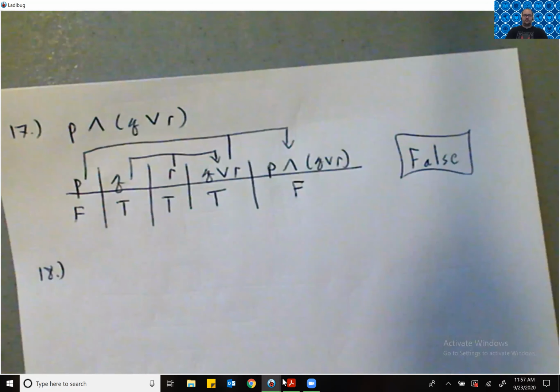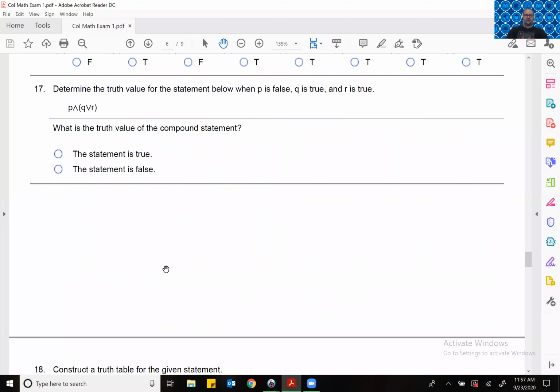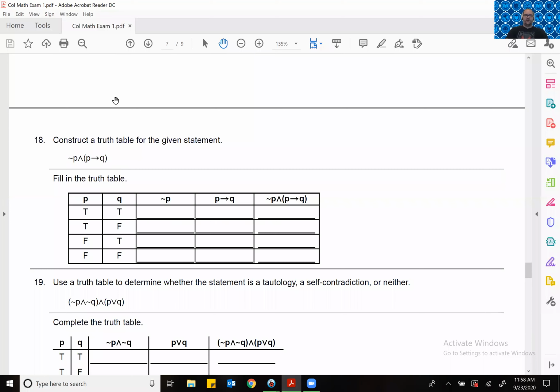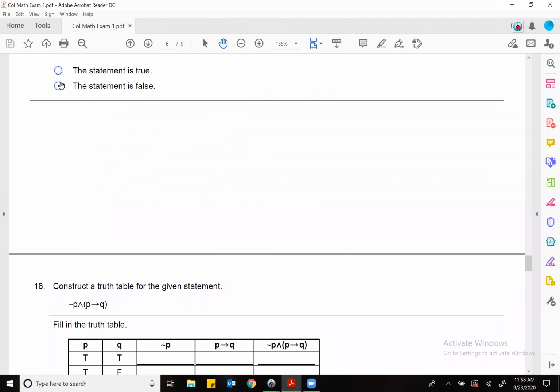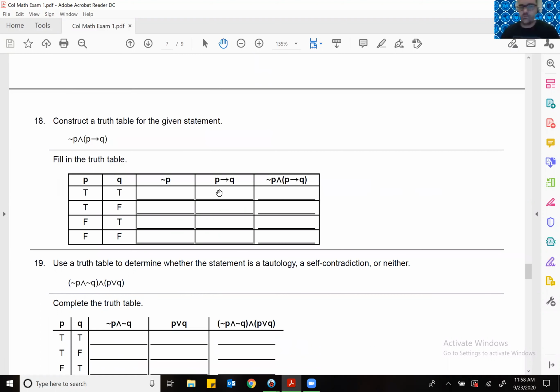Moving on. So the answer is false. So you would select the second. Number 18. We're almost there. Almost near the end. So number 18, we're definitely jumping into 3.3 now.